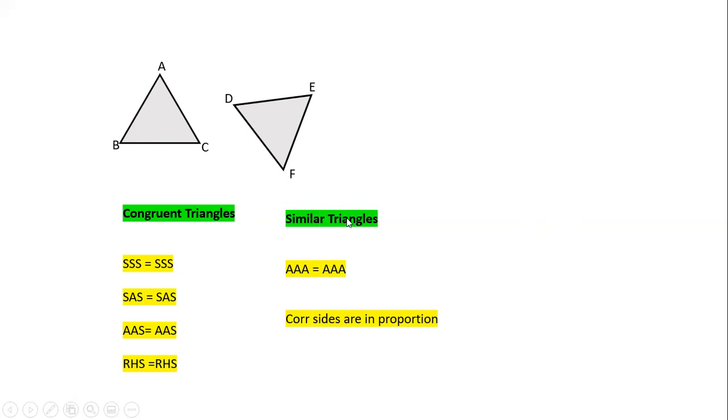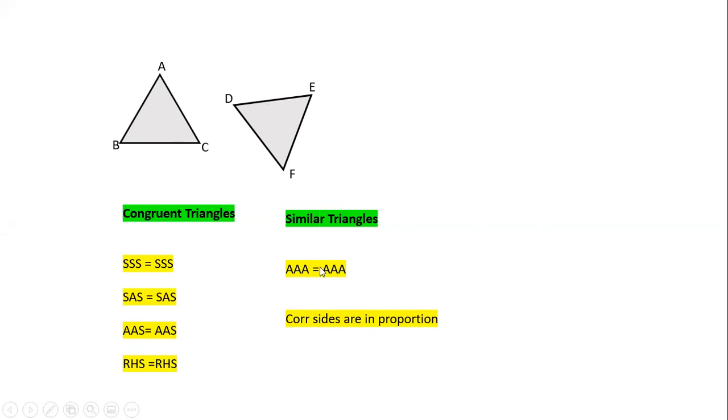Over to similar triangles. We have angle, angle, angle equals angle, angle, angle. If they have the same angles, then we say these triangles are similar. Or if the corresponding sides are in proportion, we can also say the triangles are similar.